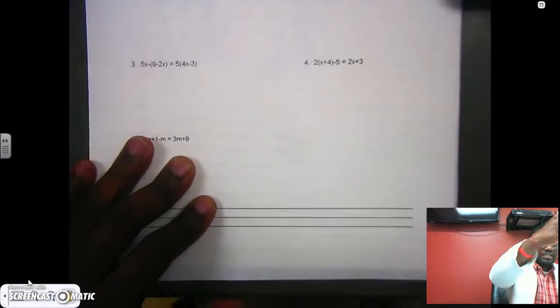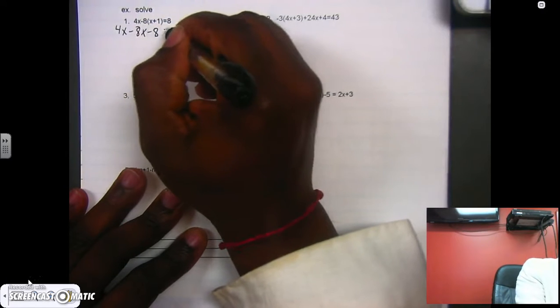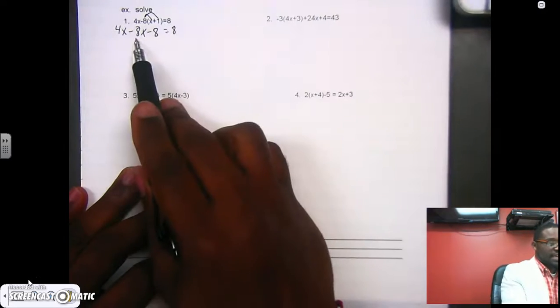So we got this example here, example 1. In example 1, it says to solve, and we have this problem. So step number 1 should be to do the distributive property. If I multiply negative 8 times x and negative 8 times 1, I get negative 8x and negative 8. The 4x came straight down because it wasn't involved.